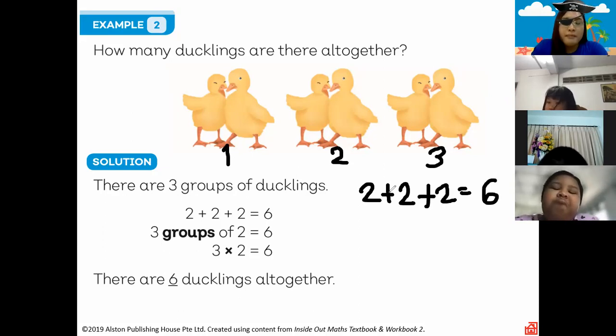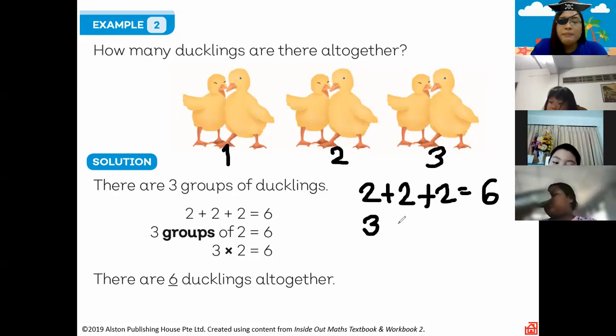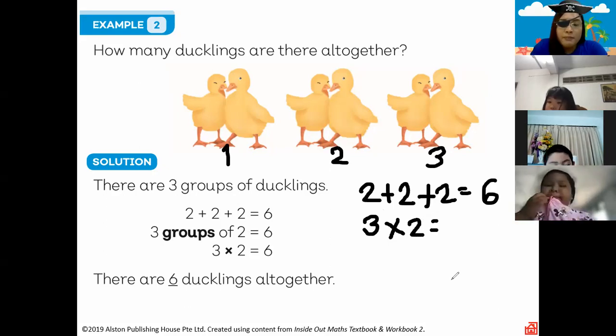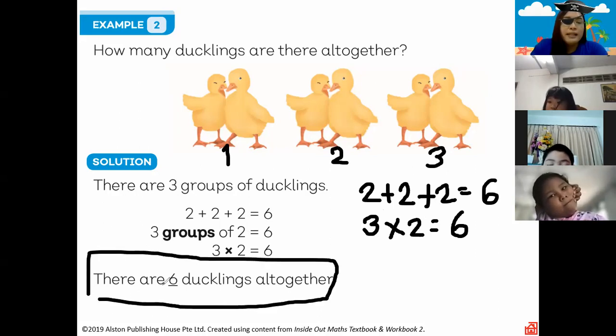Now, let's try multiplication. You just have to write the number of groups, which is 3, 1, 2, 3 groups, and then multiply by 2, which is the number of ducklings in each group. So if you multiply 3 by 2, the answer would be 6. It will still be the same. So there are 6 ducklings altogether.